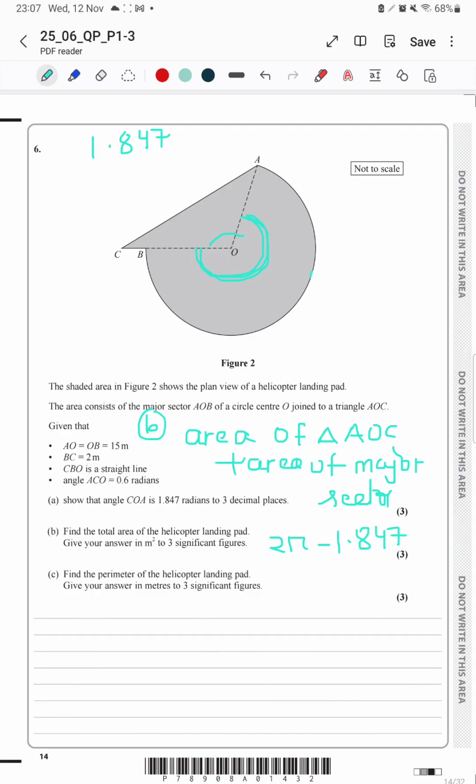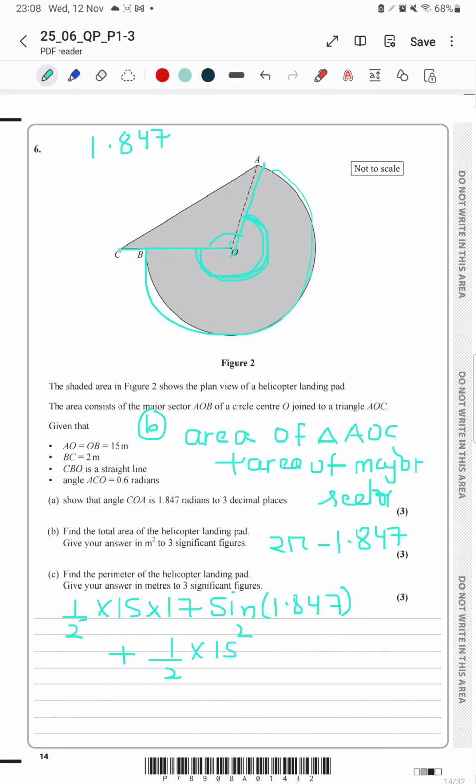When you find the area of the triangle, that will be half of these two sides, because I know them. So it is half of 15 times 17 times sine of angle O, that is 1.847, plus we have to find the area of this whole sector, that is half of r squared theta, which is 15 squared theta.